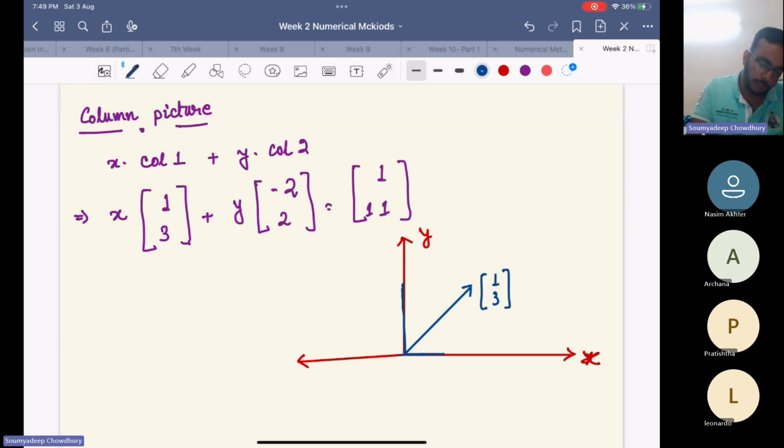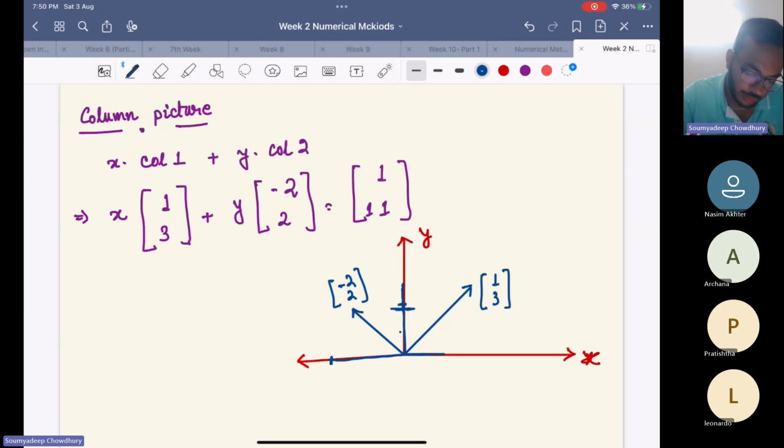We move 2 units in the negative x direction and 2 units in the y direction. And we have the right hand side vector, which is (1, 11).